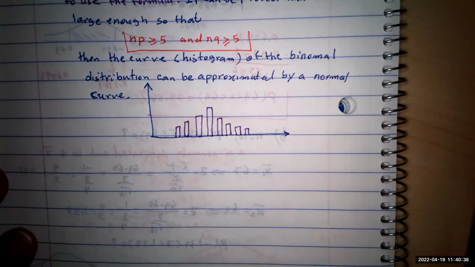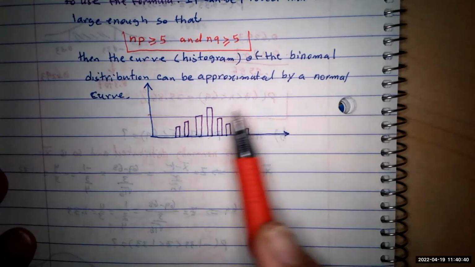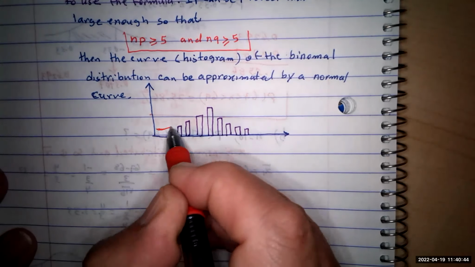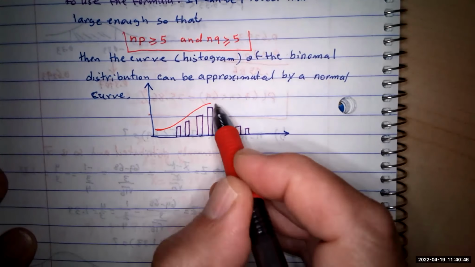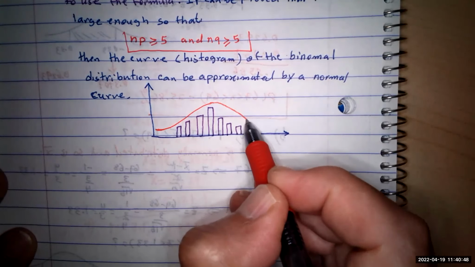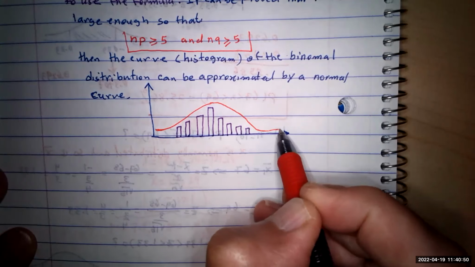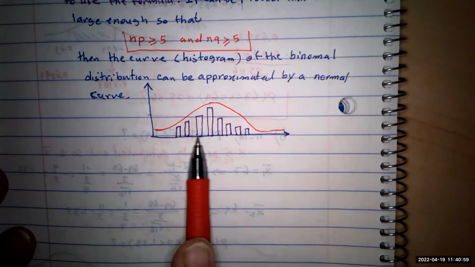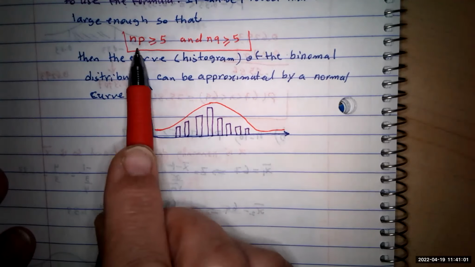But what we can do is use a little bit of calculus to cover this. We can cover it by a continuous curve. And that curve, of course, is the normal distribution curve. That's why we call it approximation. So this is the histogram of the binomial case with these two conditions.